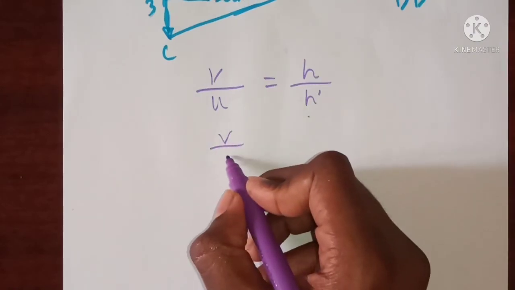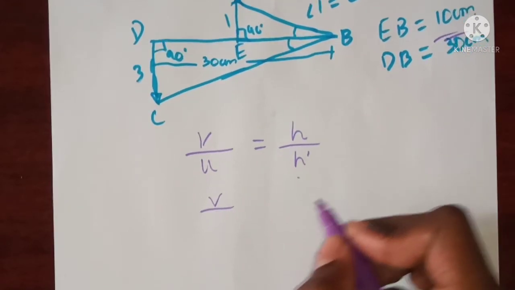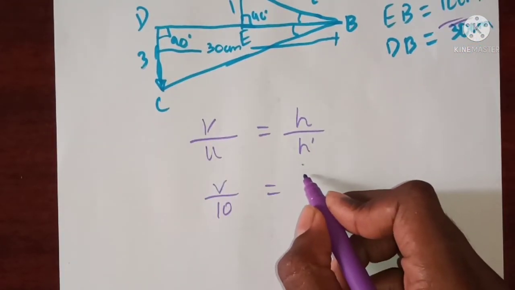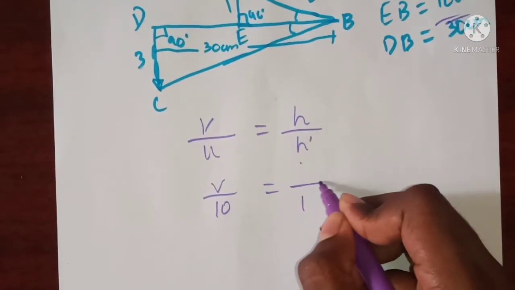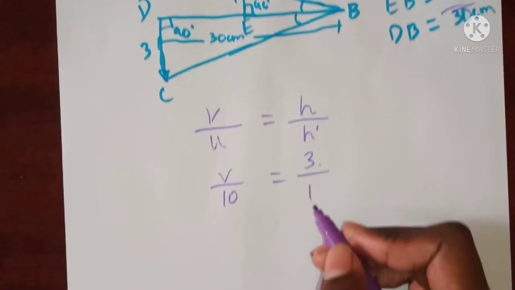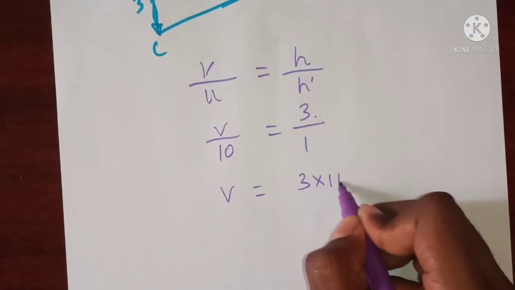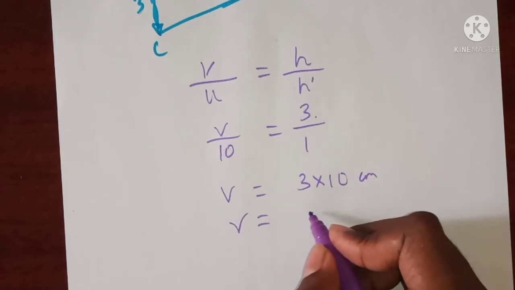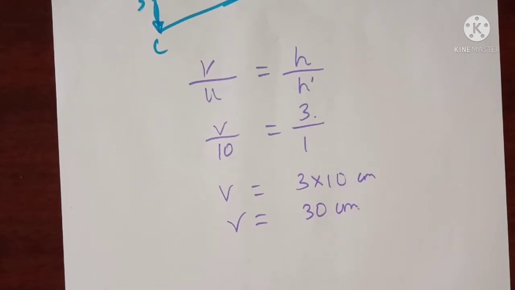We know U, that is object distance, this 10 centimeter. We know the object size, that is 1, and the image size is 3. So V is equal to 3 into 10, that is V is equal to 30 centimeter. Yeah, this is the answer for this question. It is only 30 centimeter.